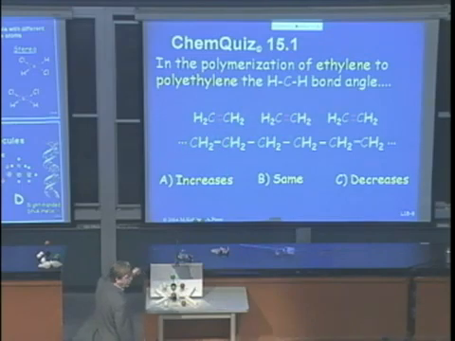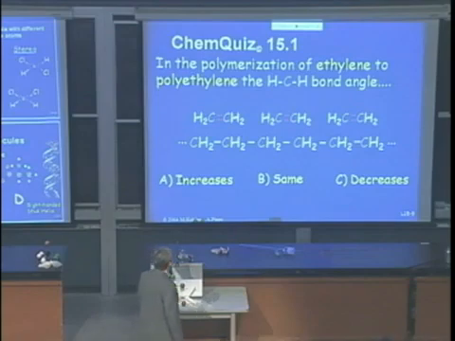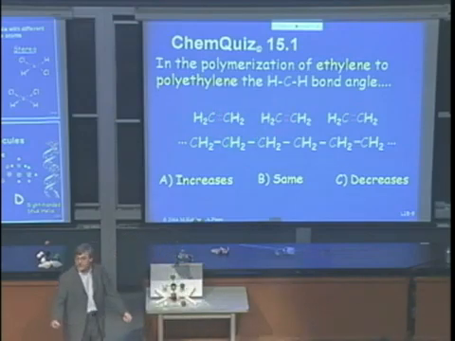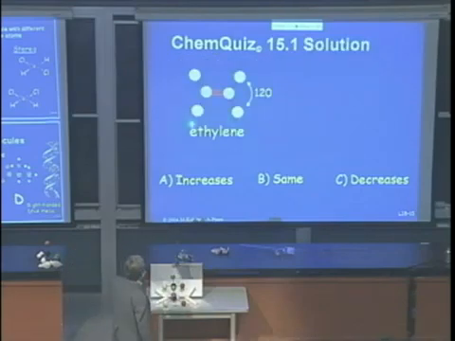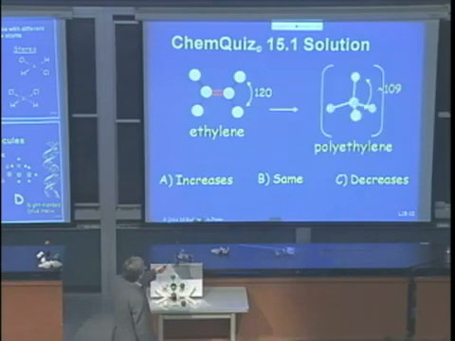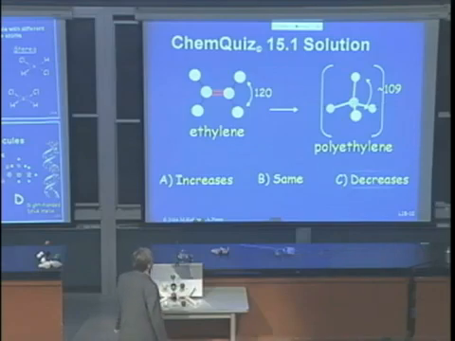So this has 4 bonds, okay? Steric number 4. So this is 120 degrees, this is 109.5 degrees. There's no compression, okay? And with this you get ethylene is 120 degrees, and the carbon in polyethylene is 109 degrees, okay? So the difference is 120 compared to 109, the bond angle decreased, all right?